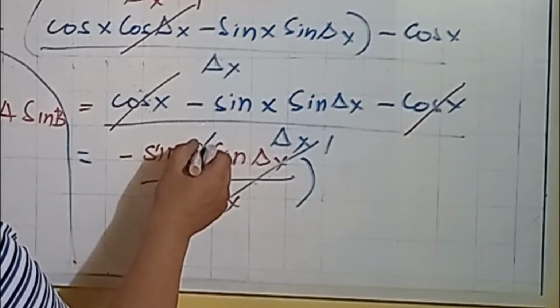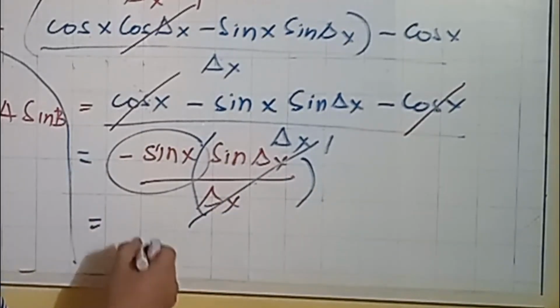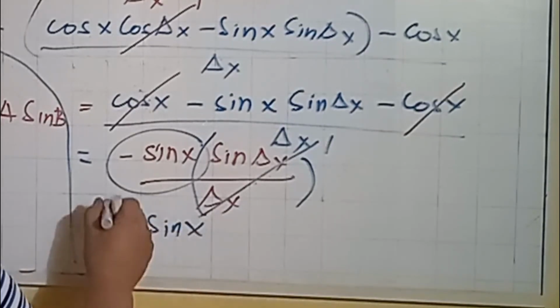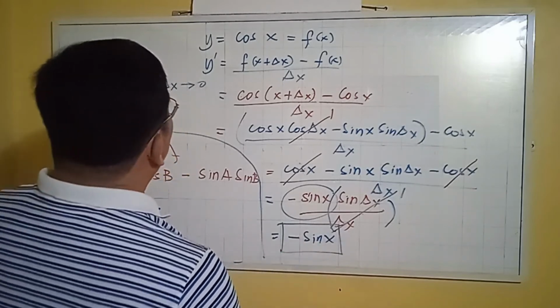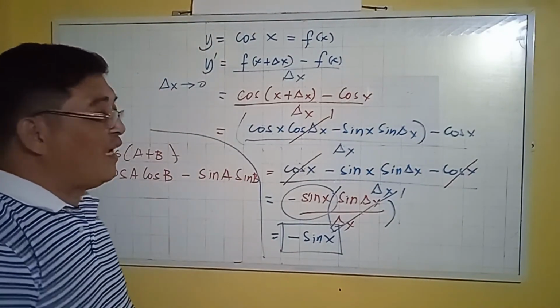So meaning, what's left is negative sine x, that is equal to negative sine x. So therefore, the derivative of cosine x is equal to negative sine x.